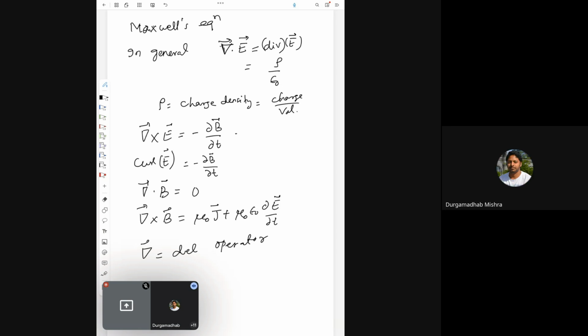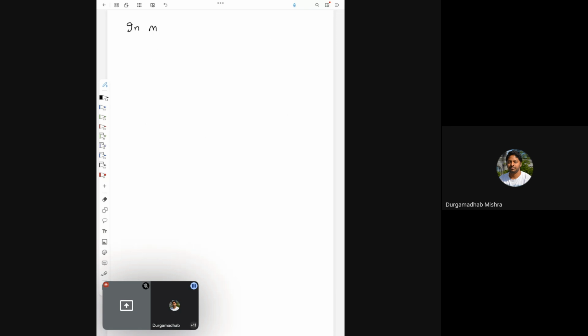As I said, rho is the charge density. J here is the current density, the volume current density. Mu naught is the permeability of free space, and E and B stand for the electric and magnetic fields.